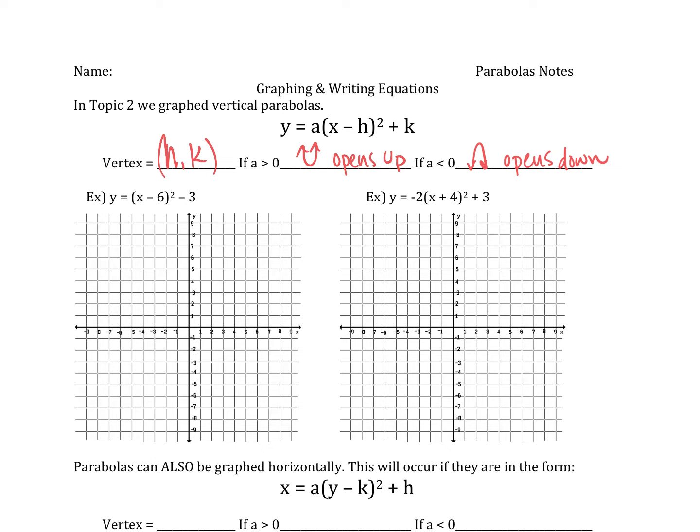If a is a number that is not between -1 and +1, then our graph becomes narrower. If a is a fraction between -1 and 1, our graph becomes more wide. So we know how to graph these.